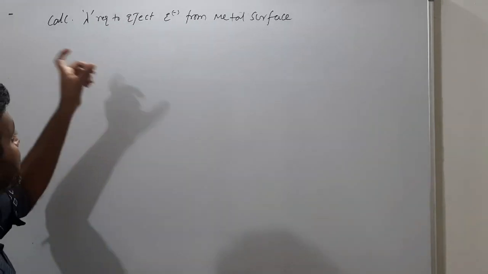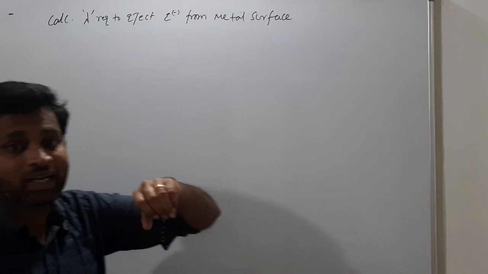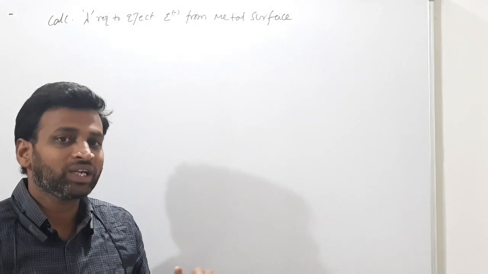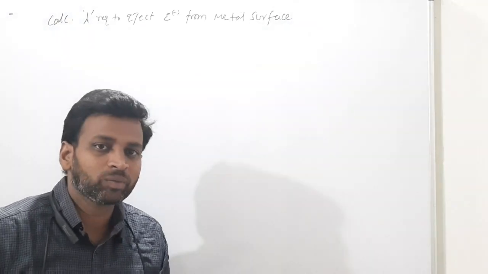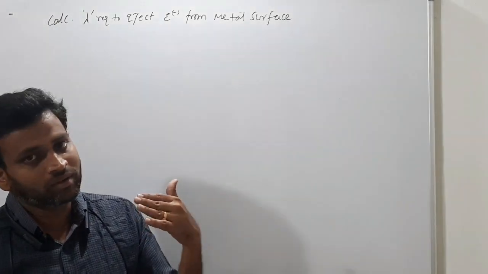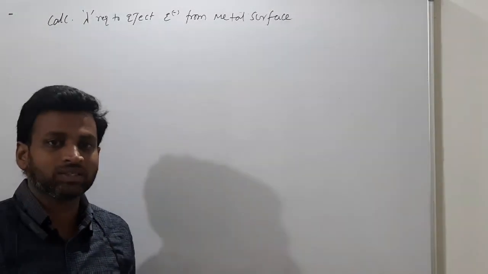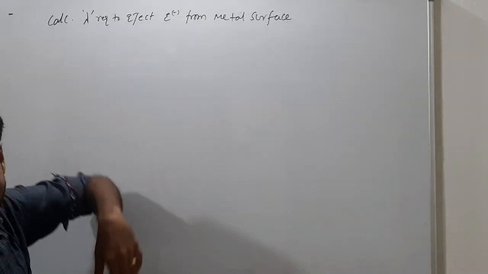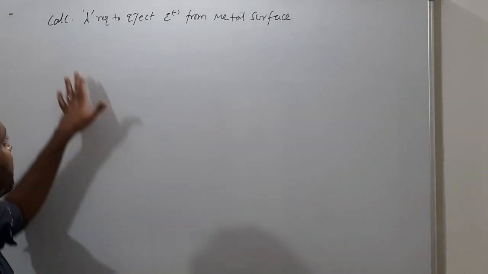What is required? The amount of energy required means the threshold energy. The amount of frequency required to eject the electron is the threshold frequency. In the same way, this is called the threshold wavelength, which it is asking. Understanding?